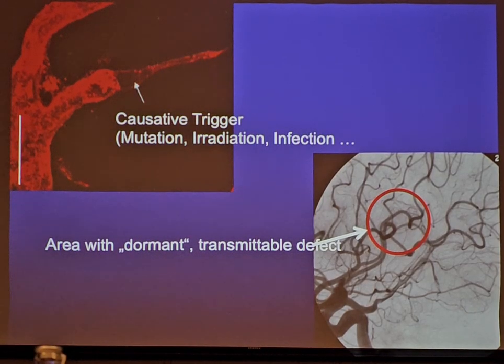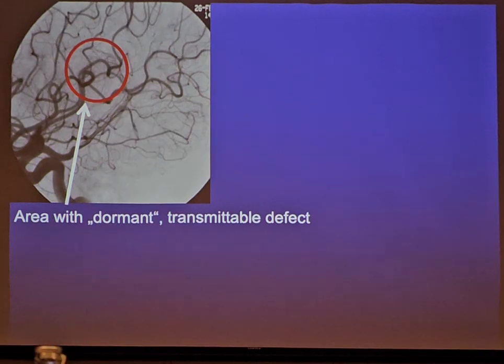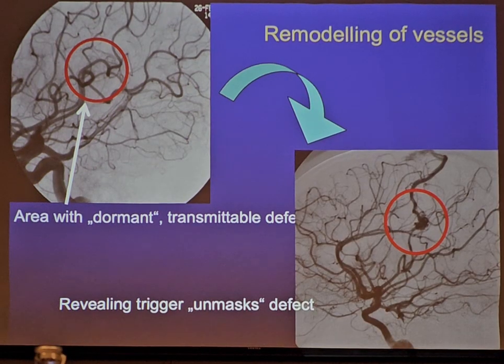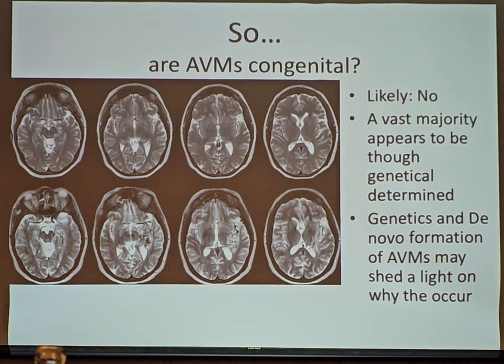And now, every 7 years, your endothelial cells regrow. And during this regrowth process, during this remodeling process, this primary defect can reveal itself. And then all of a sudden, you will have a de novo brain arteriovenous malformation due to unmasking of the primary defect. So therefore, AVMs are not congenital.